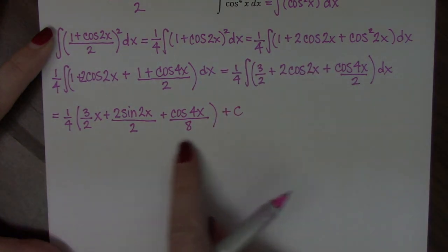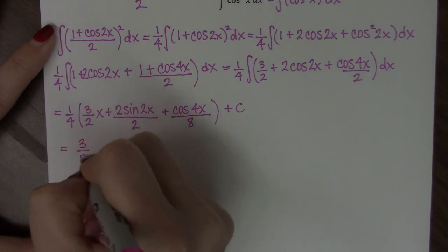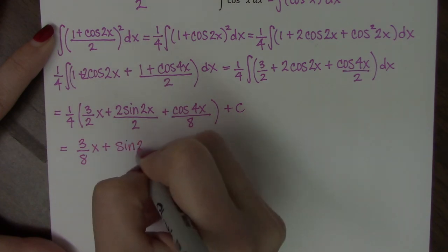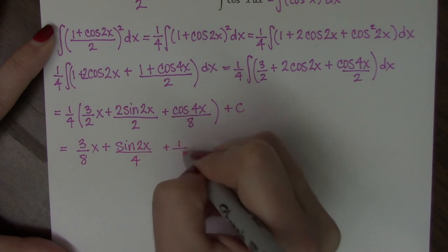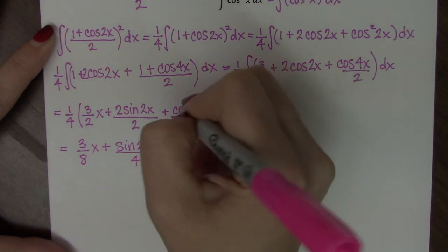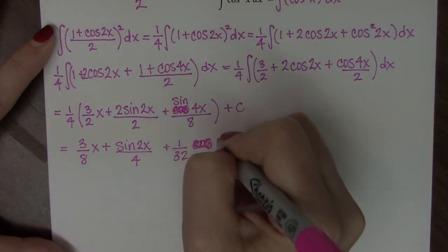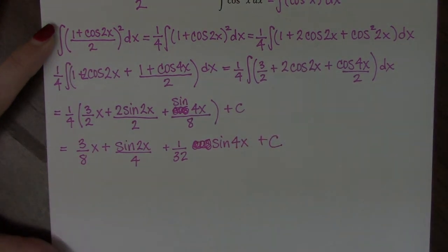And then I'm just going to multiply my 1/4 back in just to clean this up. So my final answer is 3/8 x plus sine of 2x over 4 plus 1 over 32. Oops, sorry, this should have been a sine. I think I said it but didn't write it. And there's our final answer.